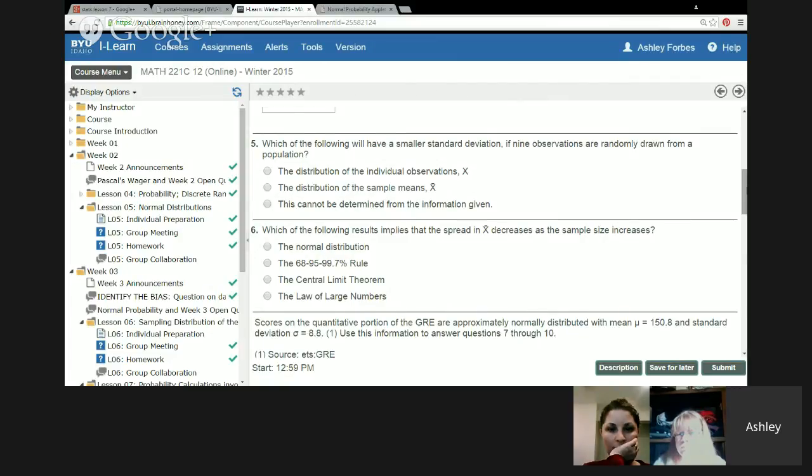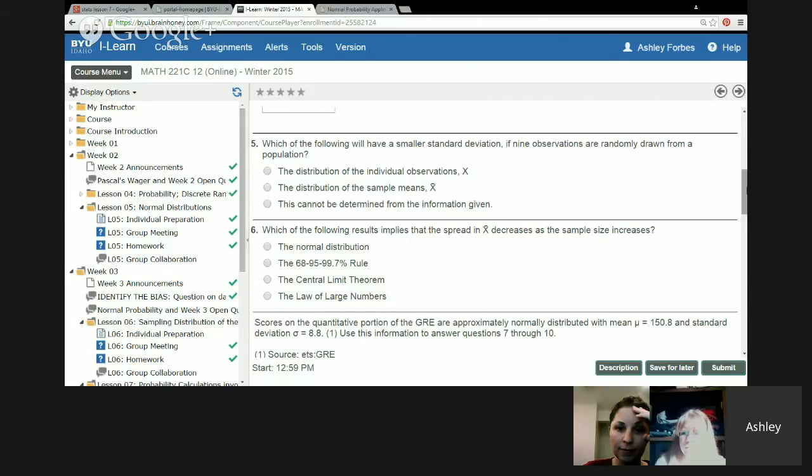So I believe that would be the distribution of the sample means, right? Because that's when you have to do the square root of everything. I believe so. Yeah, so we're going to go with B. That sounds good.